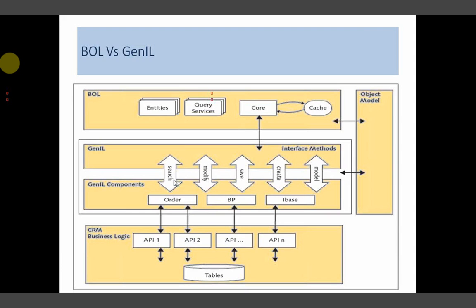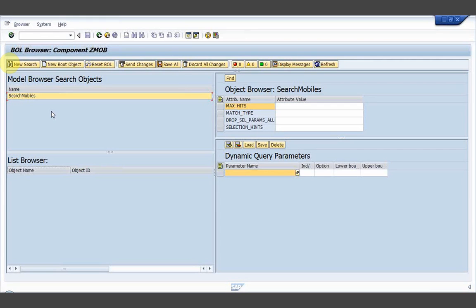But to provide a result, I need to have some import parameters of the type of result you want. So GENIL will ask, okay, fine, you want to search, so what do you want me to search? So from the model browser, it will be sending the data in this manner.